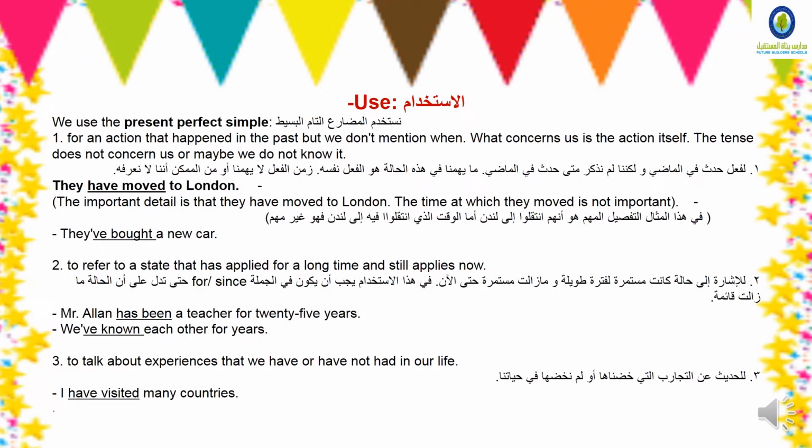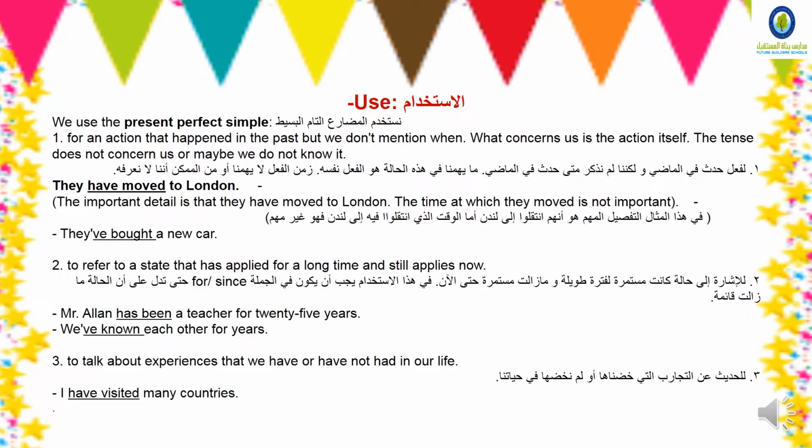When do we use the present perfect simple? طبعا you should read these uses and understand them very well. Number 1, for an action that happened in the past but we don't mention when. What concerns us is the action itself. The time does not concern us, or maybe we do not know it.